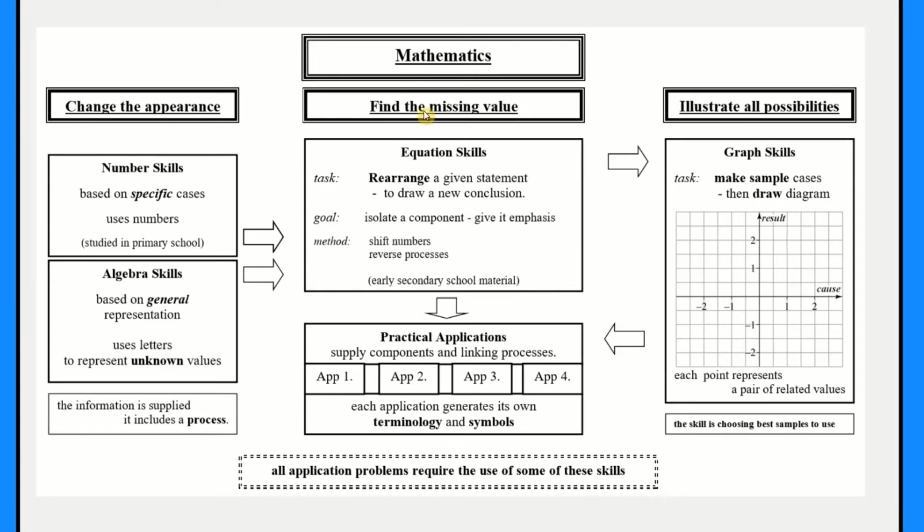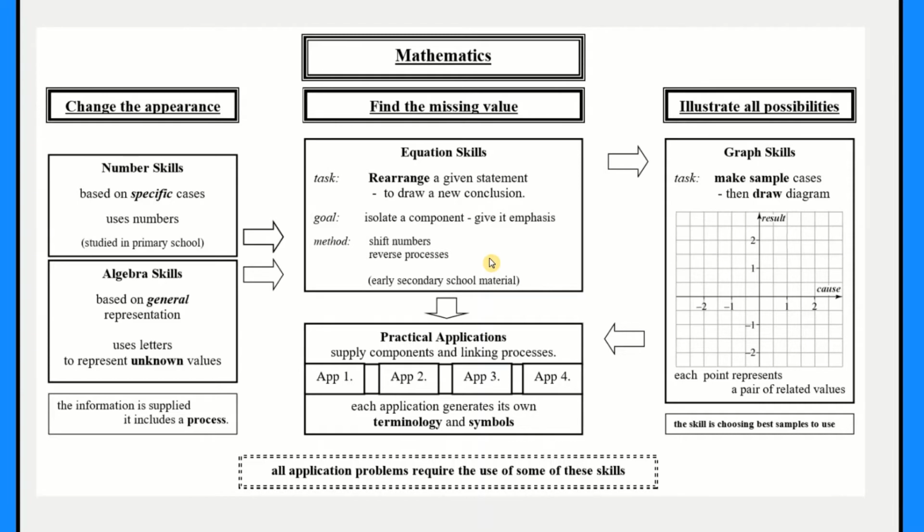In the second column, finding the missing value, we describe this as having good equation solving skills. Our task is to rearrange a given statement so we can draw a new conclusion. The goal is to isolate a component so we give it emphasis, and the method is to shift numbers and reverse processes.